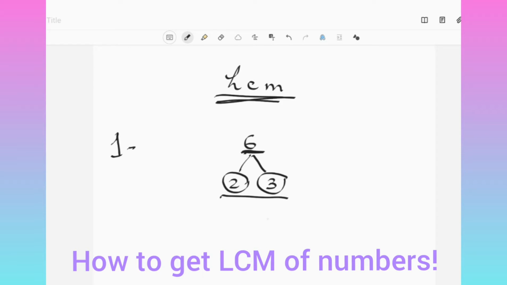We just multiply them to get 6. So 6 is the LCM of itself. Remember that the LCM of one number is always itself.